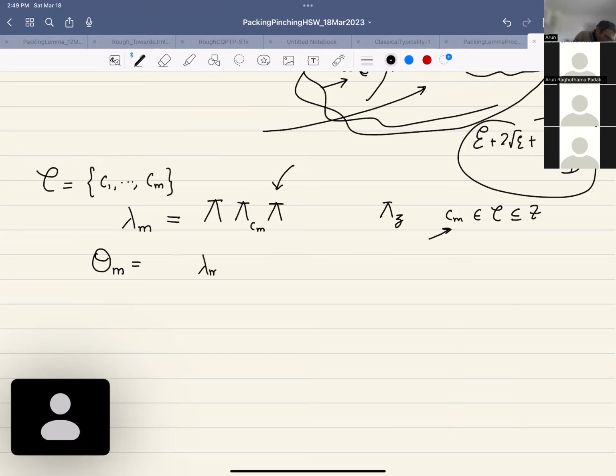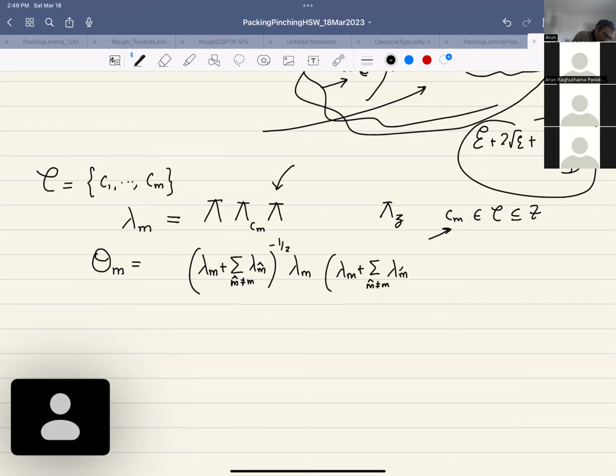I can't write lambda m plus summation m hat not equal to m. I'm just writing these separately. If I do this, it's not self-adjoint, right? Neither can I place this to the left, nor can I place this to the right. So what I do, I'm going to do a minus 1 by 2, minus 1 by 2. That's all that's really going on.